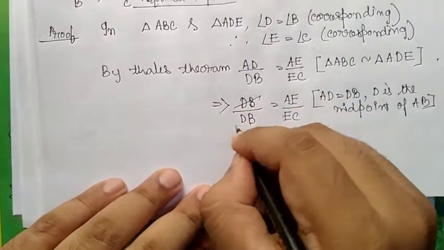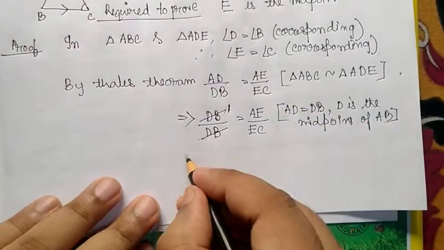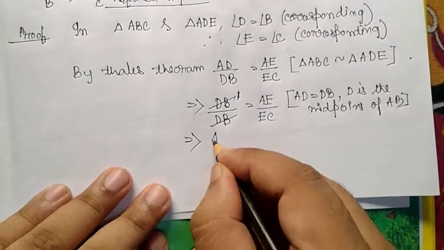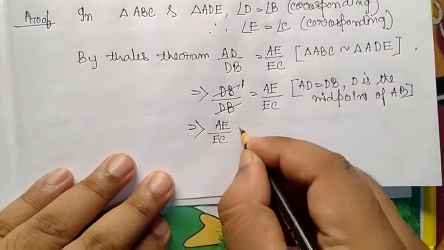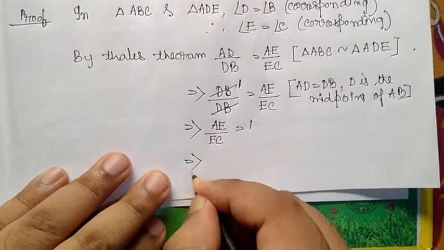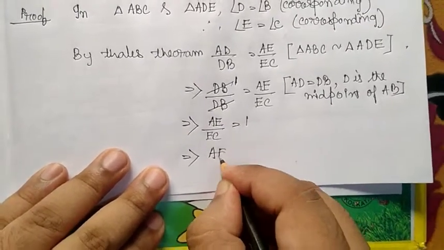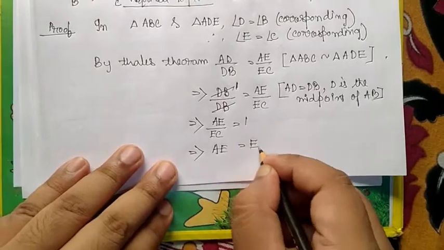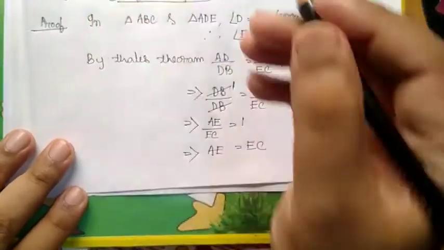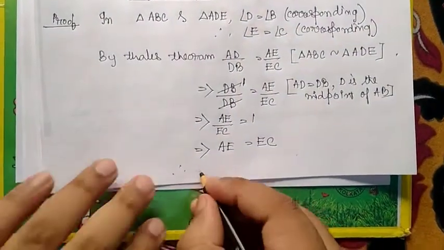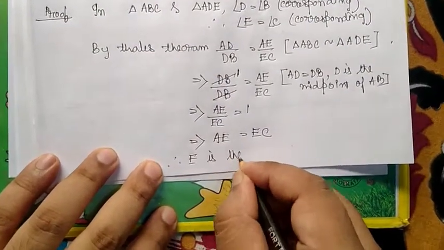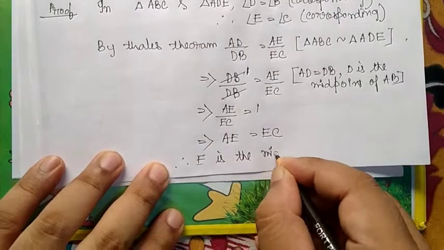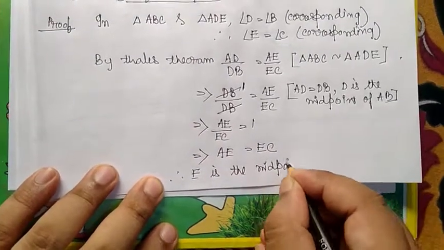So if we eliminate those, this should be 1. So AE by EC equal to 1, or AE equal to EC. By cross multiplying this, we get AE equal to EC. So therefore E is the midpoint of AC. This is proved.